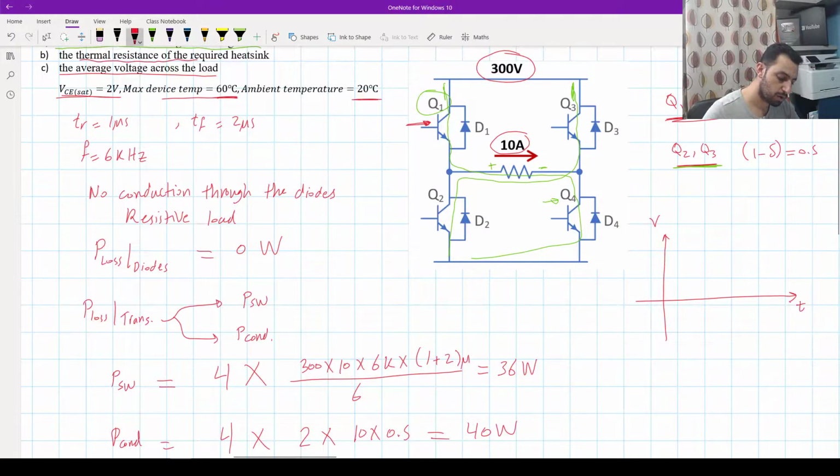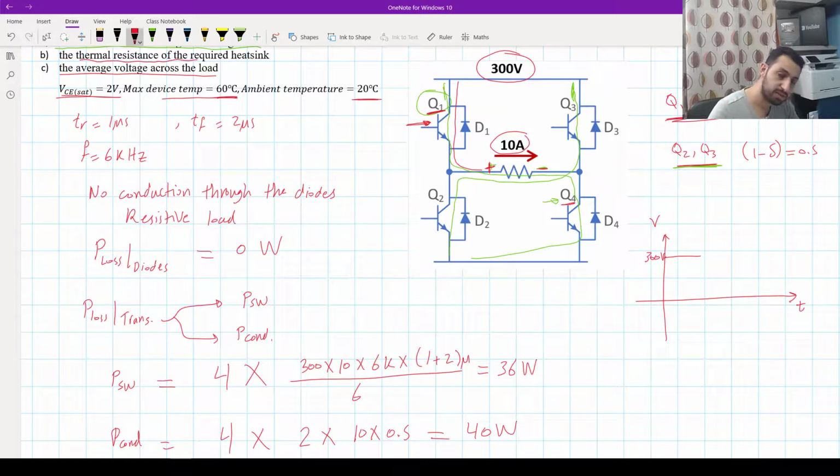So during the on time, Q1 and Q4 conduct the current, and it will be in that direction. So the positive will be here and negative there, so it will be 300. I will ignore the 2 volt VCE sat just for simplicity, and this will be for 50% of the duty cycle, or of the duration.